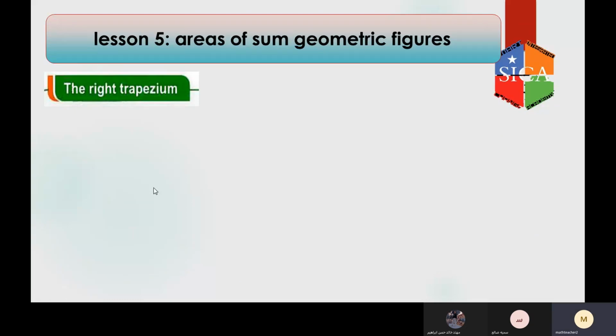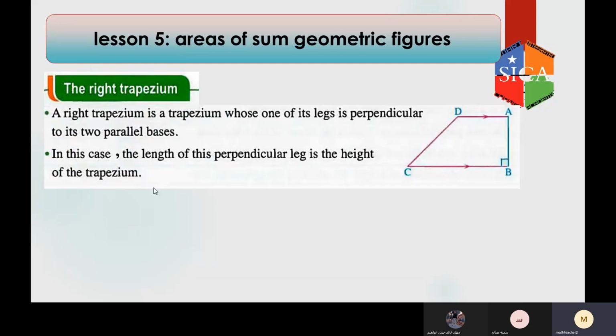The right trapezium. In this figure, the trapezium, one of its legs is perpendicular to the two bases. One of its legs, which is AB, is perpendicular on BC and AD.